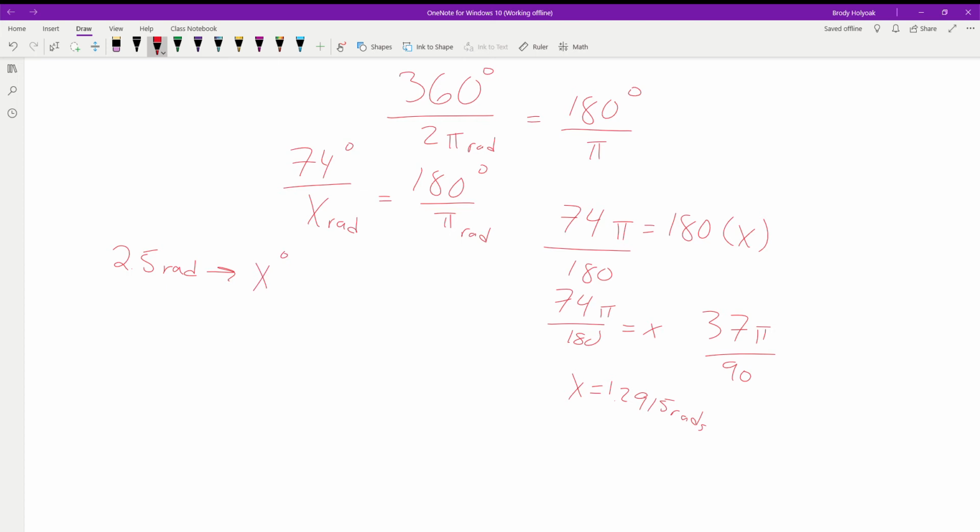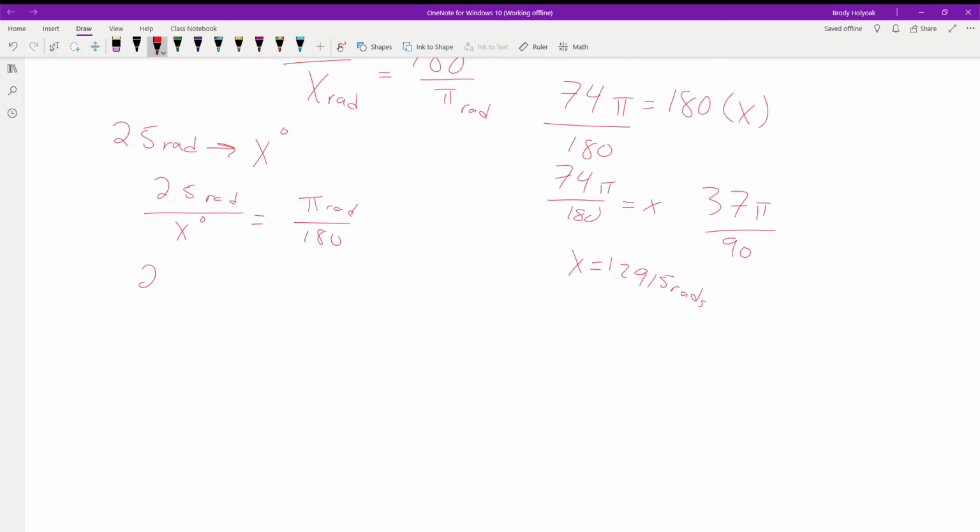First thing we're going to do, we have 2.5 radians divided by X number of degrees is equal to pi radians over 180. So again, when we do our conversions, we want to make sure they're in the same order. Radians per degrees, radians per degrees. And then we solve.